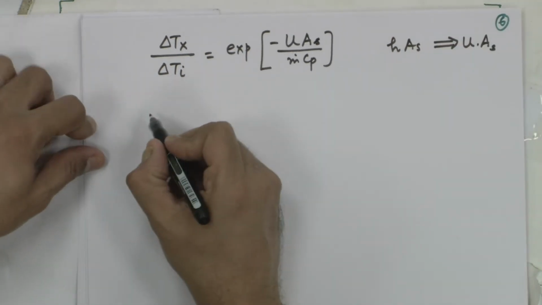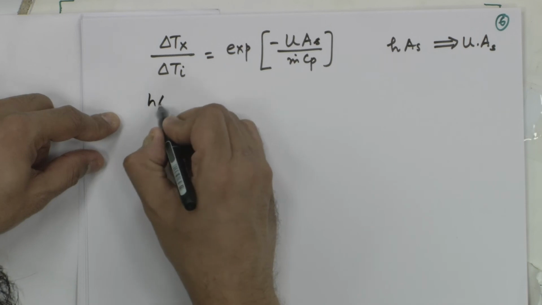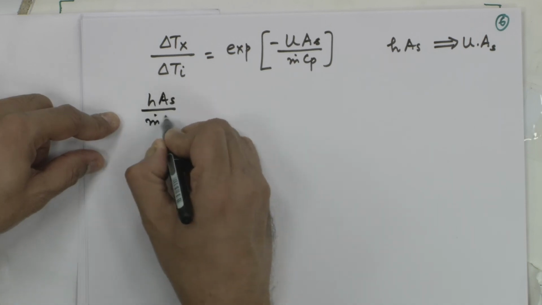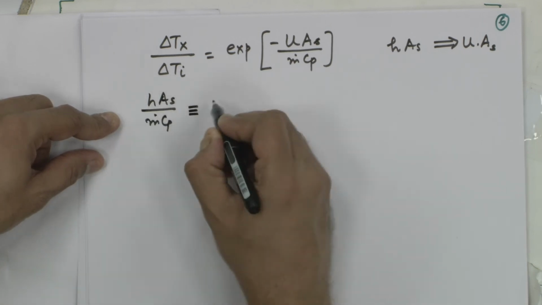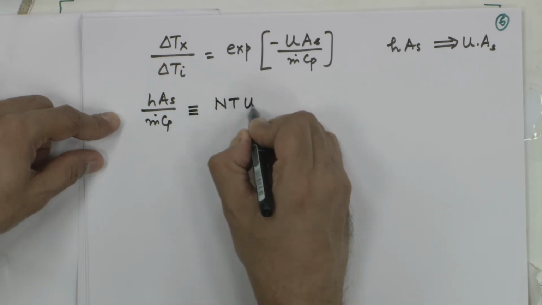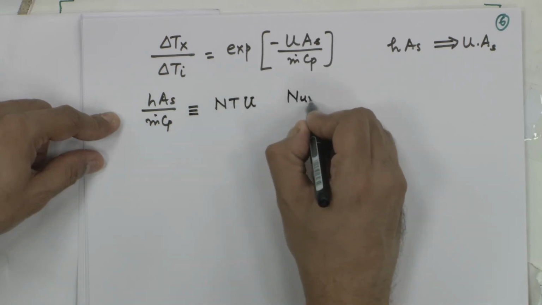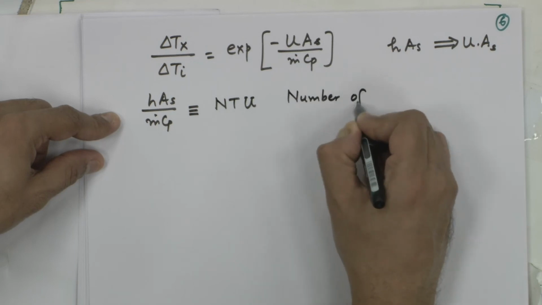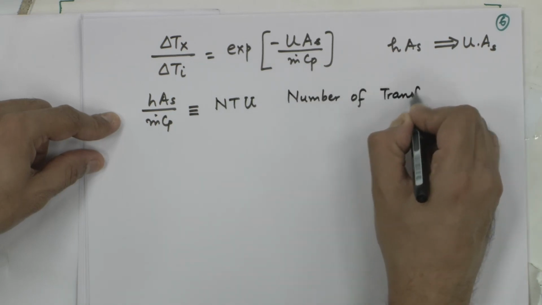This quantity HAS by m dot Cp has a very important name, which is called the number of transfer units. Number of transfer units.